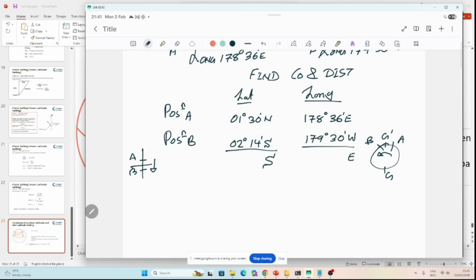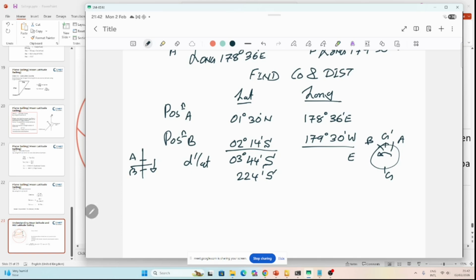We will see later, but for the time being, we'll find out the DLAT. 224 minutes south: 3 into 60 plus 44, which is 224 south.